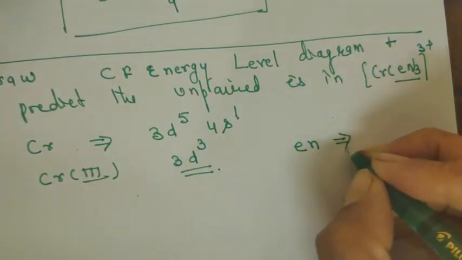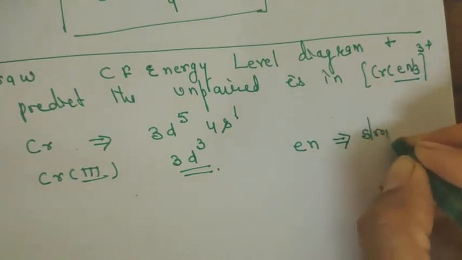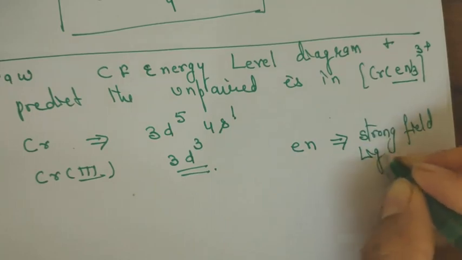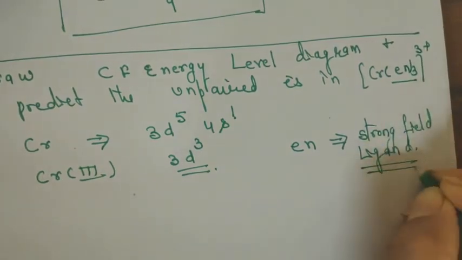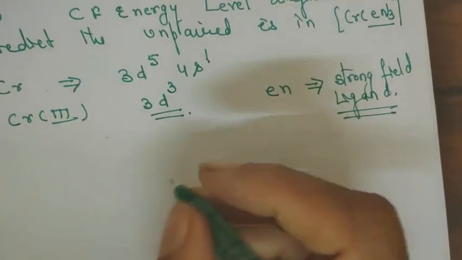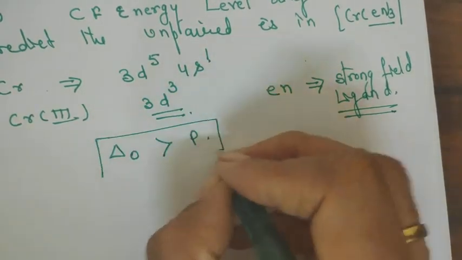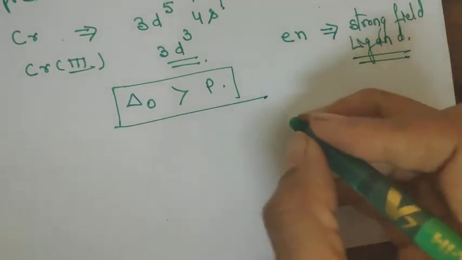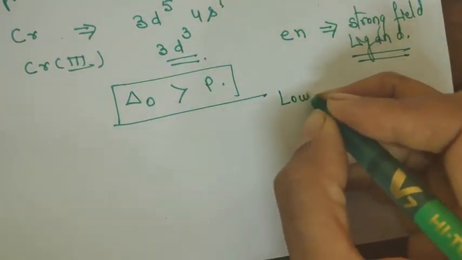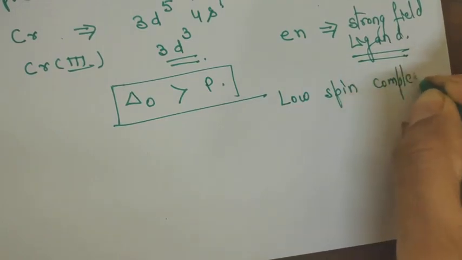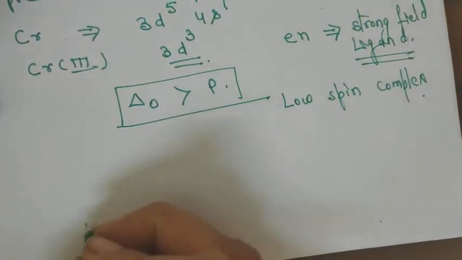Ethylene diamine is a nitrogen donor, so that is a strong field ligand. If you have a strong field ligand, delta naught will be greater than pairing energy. Pairing energy is low. What kind of complex is formed? Low spin complex is formed.